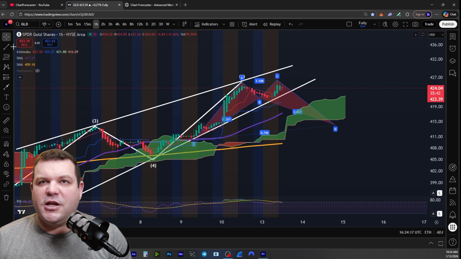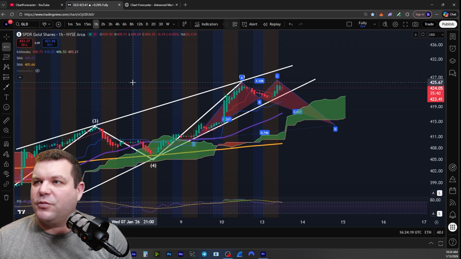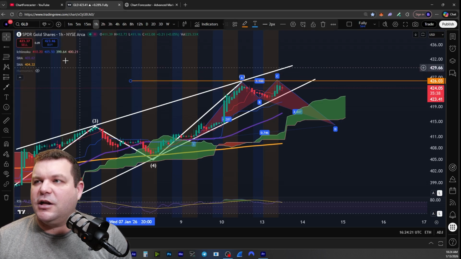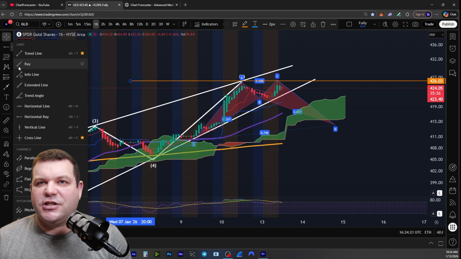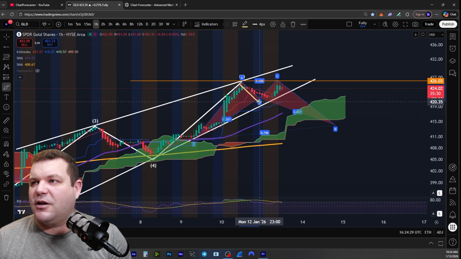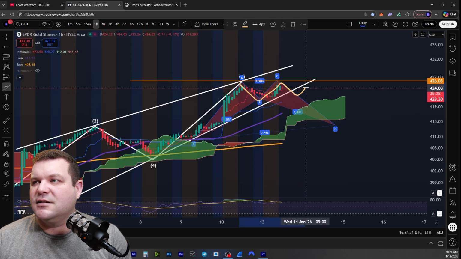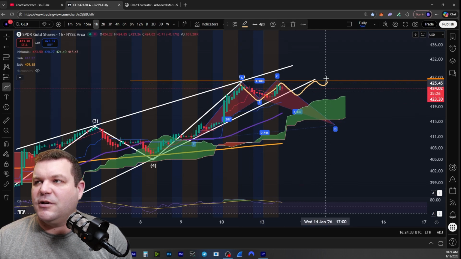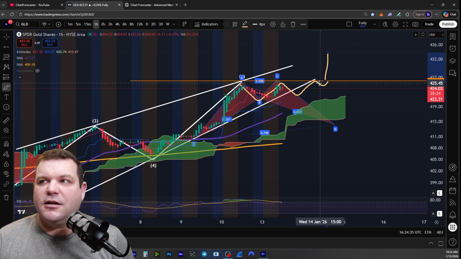But like I mentioned before, if this pattern breaks, we could be gearing up to see some consolidation to maybe build out a very nice ascending triangle, something like this. If this breaks, we could see prices rally once again.